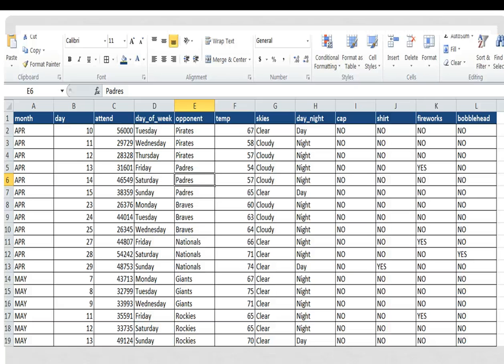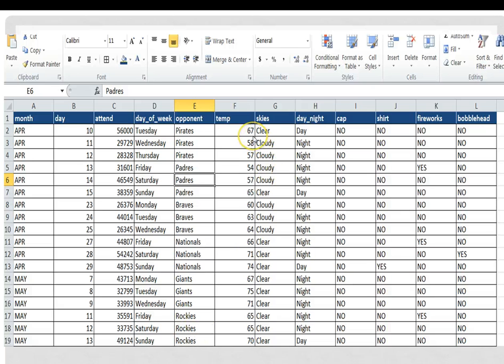So this is the data, and we can see the months are April, May, and so on. It's probably not the winter months. Then the days, the attendance, the day of the week, and the opponents. Some of the opponents are called Pirates, others are Padres, Braves, Nationals, Giants, Rockies, and so on.